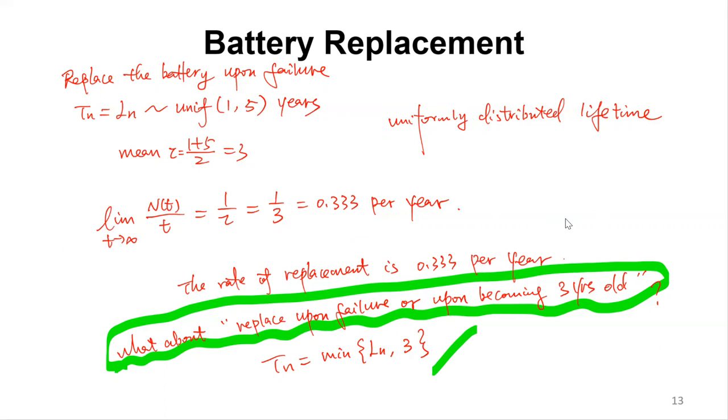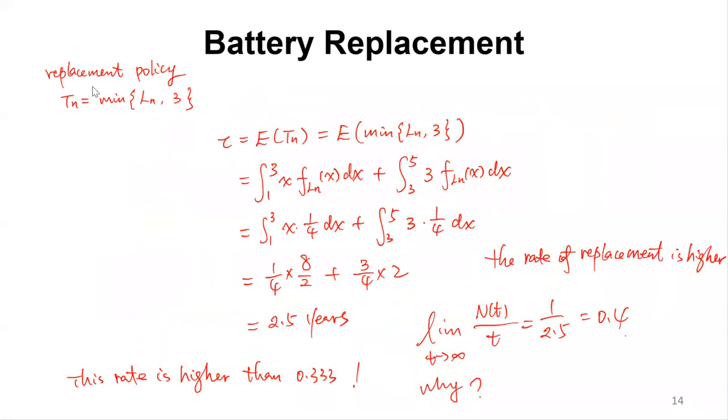What about replacing when it becomes 3 years old or on pump failure? This is a new policy, the minimum of L and 3. Let's look at the rate of replacement in this new policy. If the replacement time is the minimum of the lifetime L and 3, then tau equals the expectation. Let's first calculate the mean.